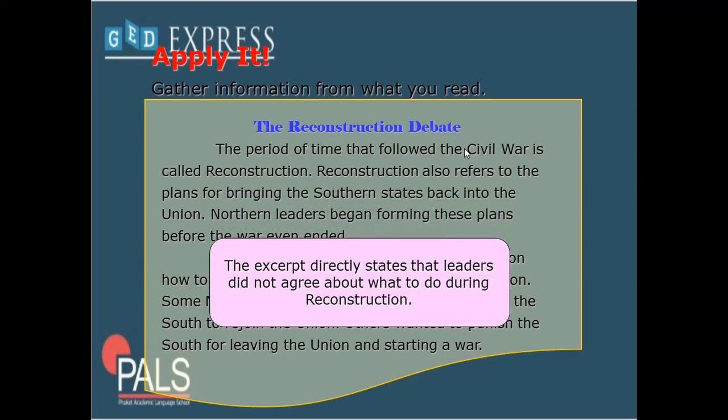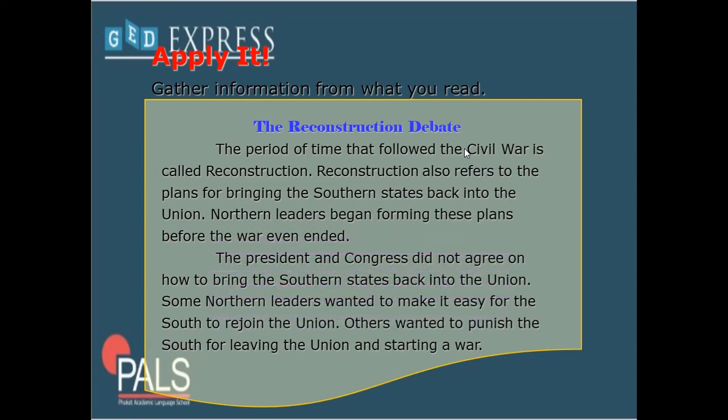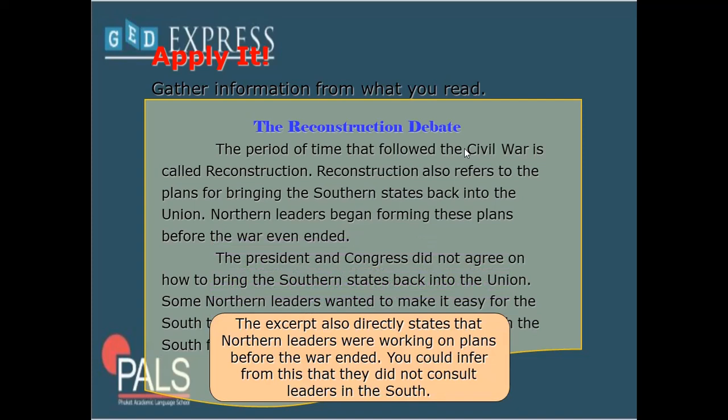Now, also, this excerpt directly states that leaders did not agree about what to do during the Reconstruction. The excerpt also directly states that Northern leaders were working on plans before the war ended. So you could infer from this that they did not consult leaders in the South, right?